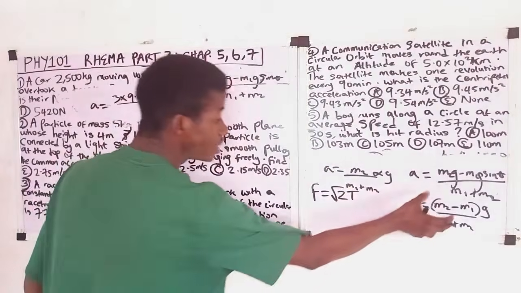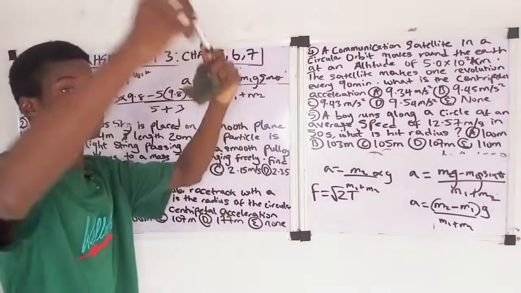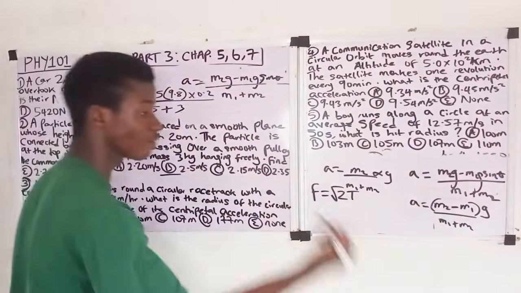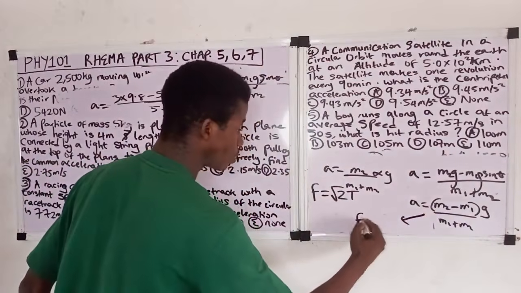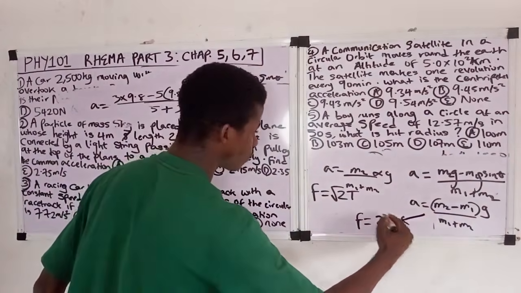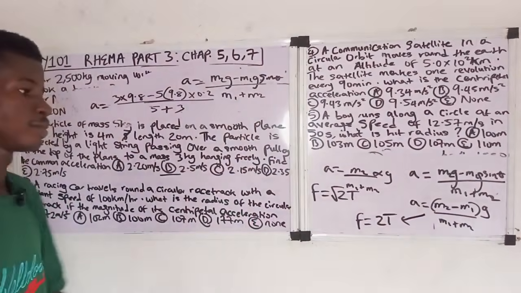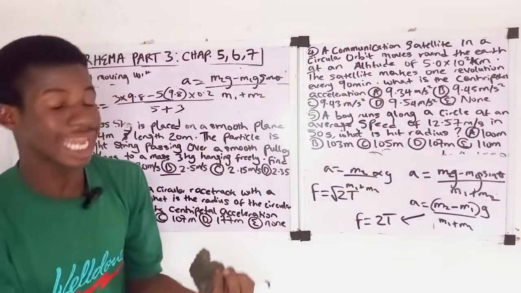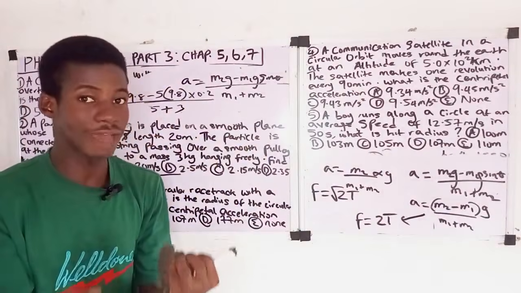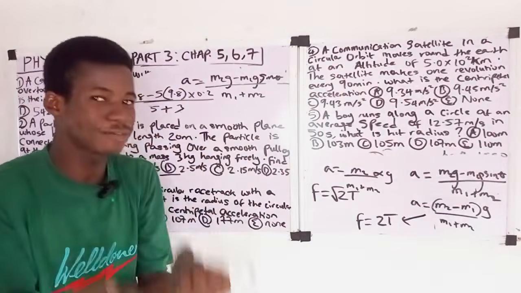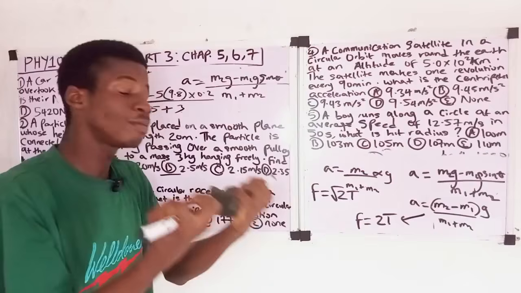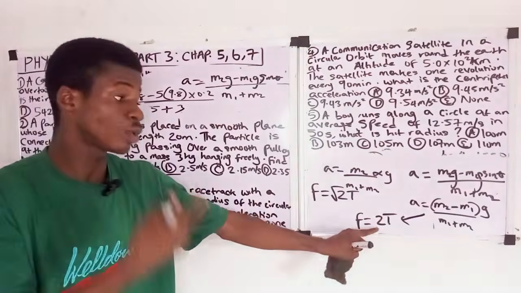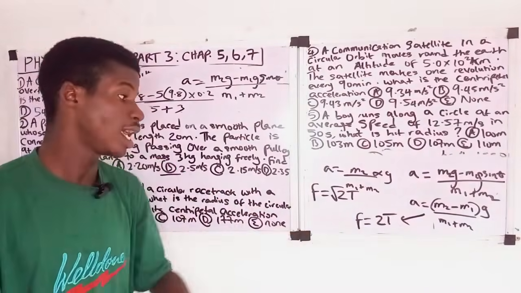But when the two bodies are suspended freely and connected by a light string over a pulley, the total force acting on those masses is equal to 2 of their tension.